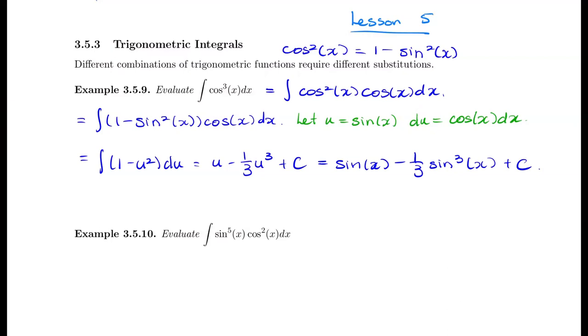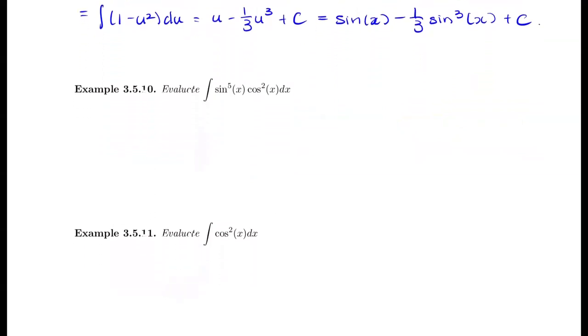Well, whenever we have sine here, so we have sine to the fifth power now, and then we also have a cos squared of x. So first of all, let's write the sine to the fifth of x as follows.